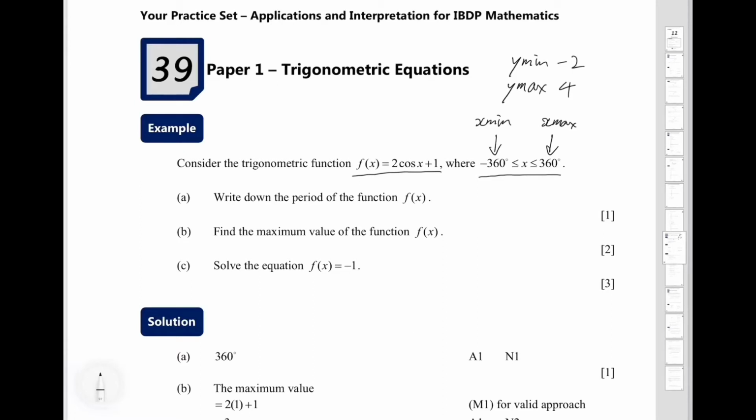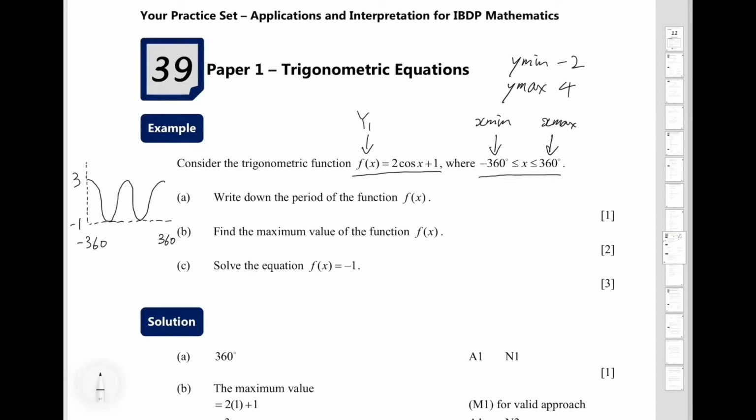Then when we sketch this function, we go to the graphical function and consider y1 to be 2 cos x + 1. And make sure that during this calculation, the mode of the GDC must be in degrees.